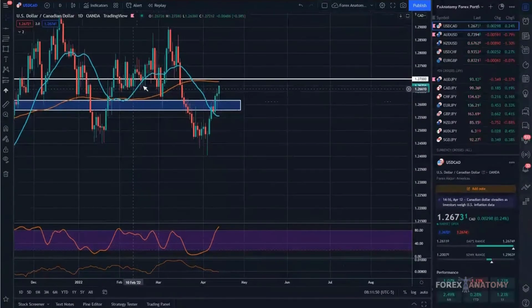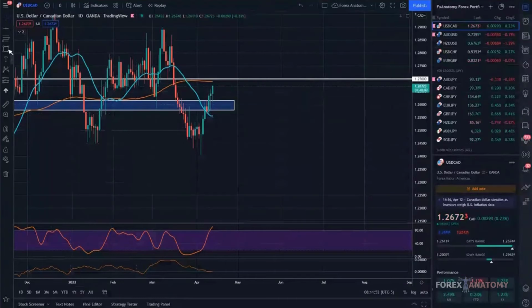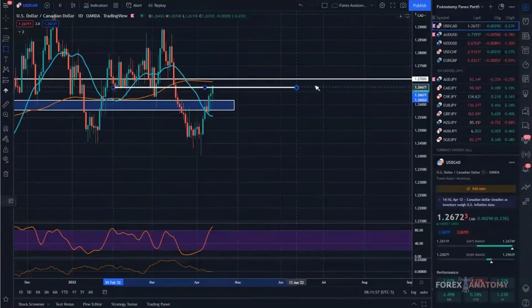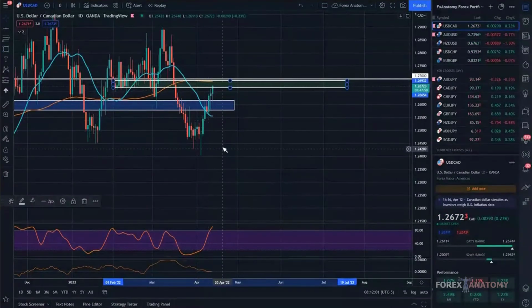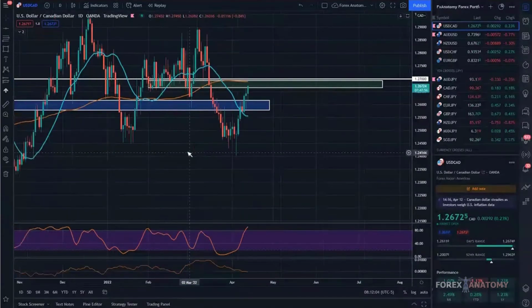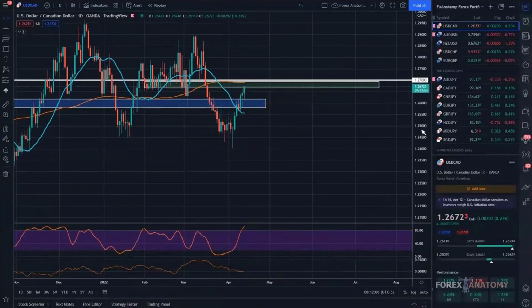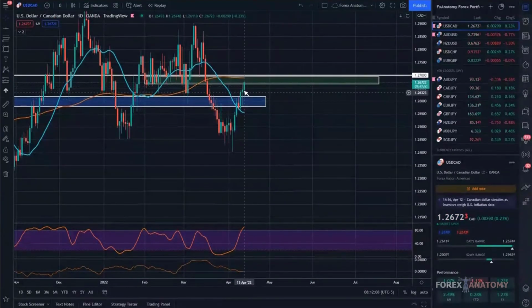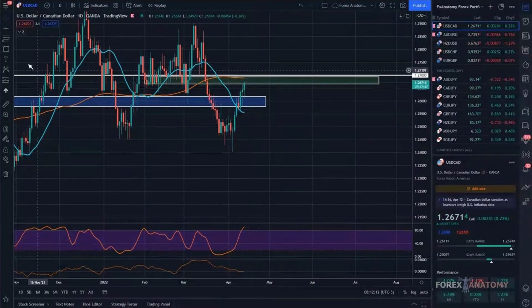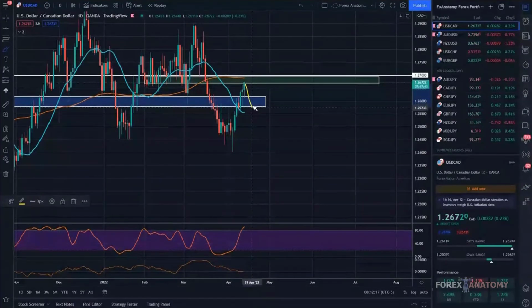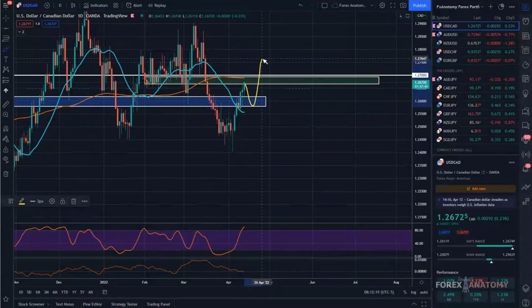And we can also see that there is some minor structure in this area as well, even on the daily chart. So right around here, we see the potential of price responding to this area. It could respond for a quick dip just to push up again. In other words, we could see price move lower, maybe retest this structure area again, and then pop up higher and try to test the highs up here.